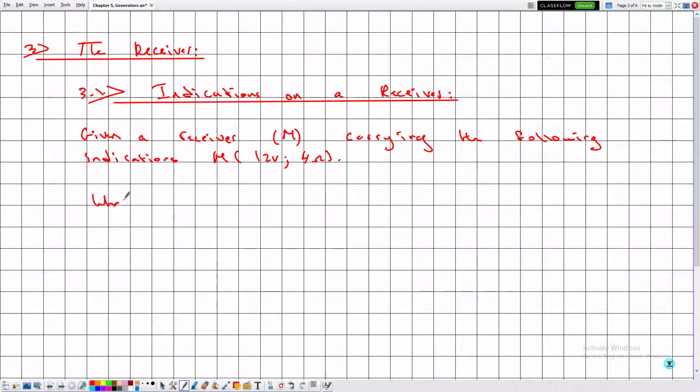What do the indications 12 volts and 4 ohms represent?